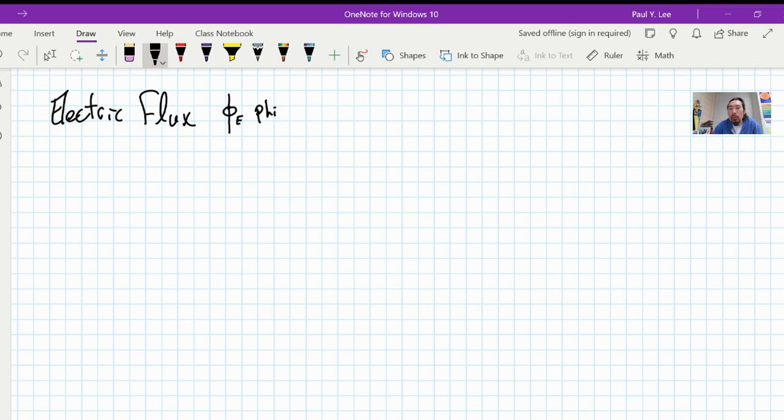Throughout the year, we will do different kinds of flux, such as magnetic flux. And in that case, that subscript will be different. But most of the times, based on the situation and the problems, you'll know whether it is electric flux or a different kind of flux.